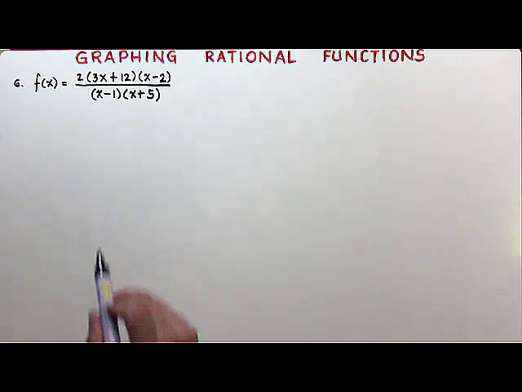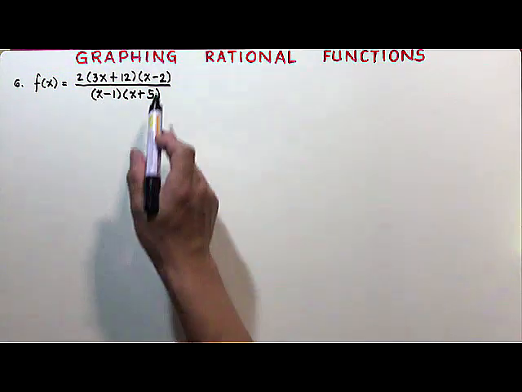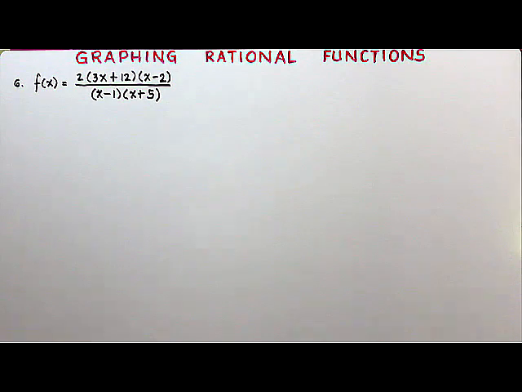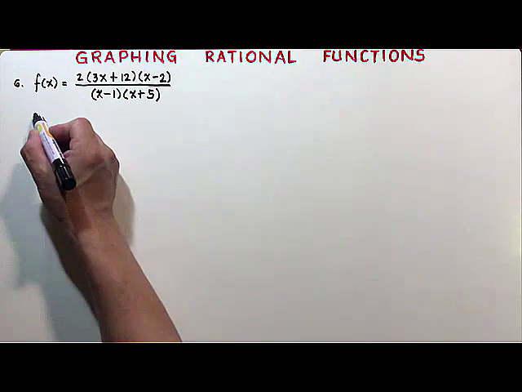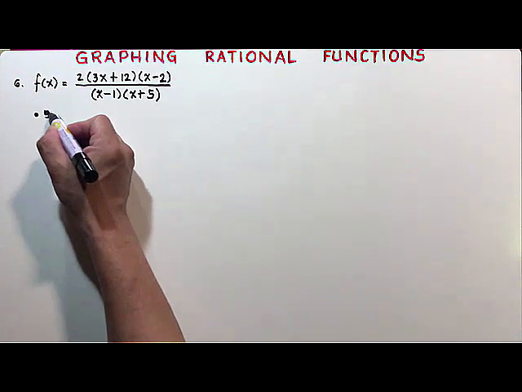So again, looking at this factored form of our rational function, we cannot find any common factor between the numerator and the denominator. Therefore, there is no point of discontinuity here except at the vertical asymptotes. So let's proceed to our y-intercept here.